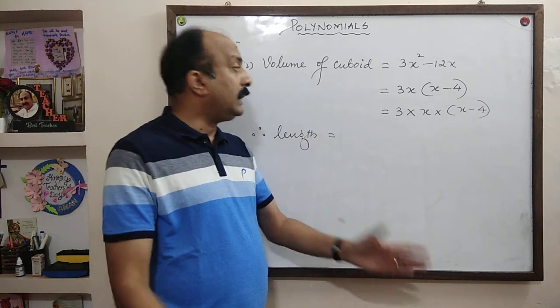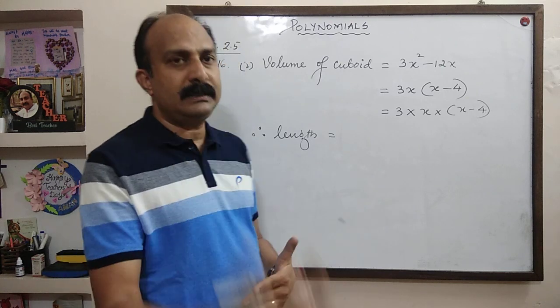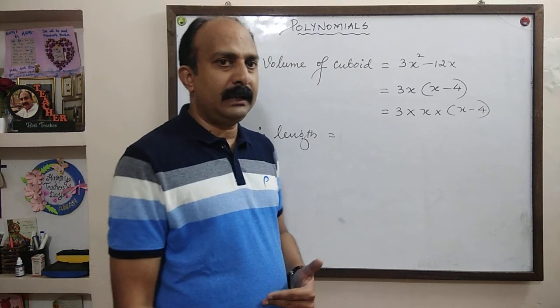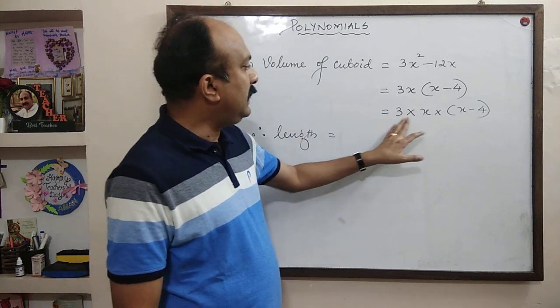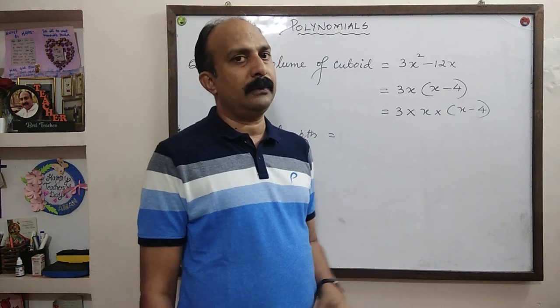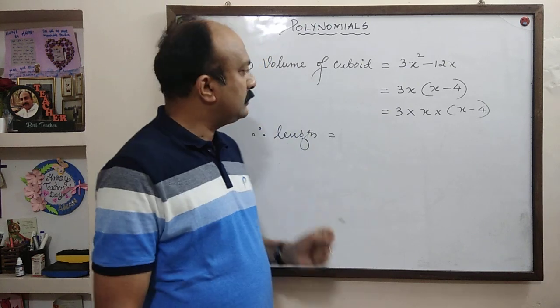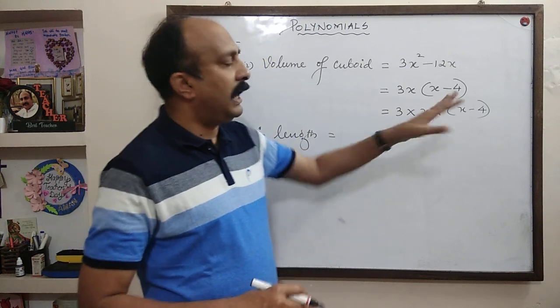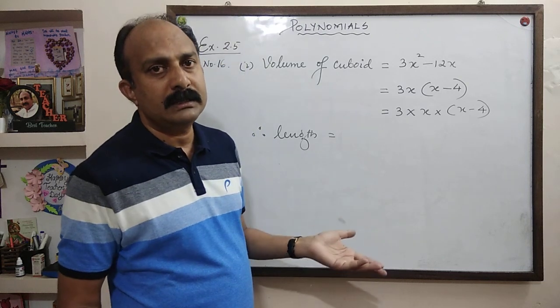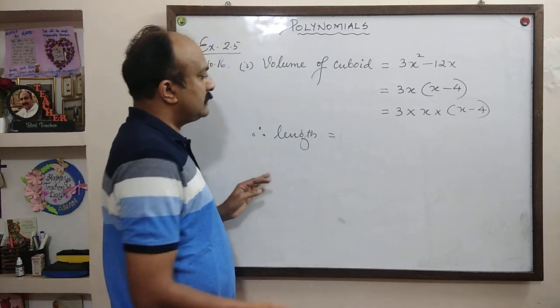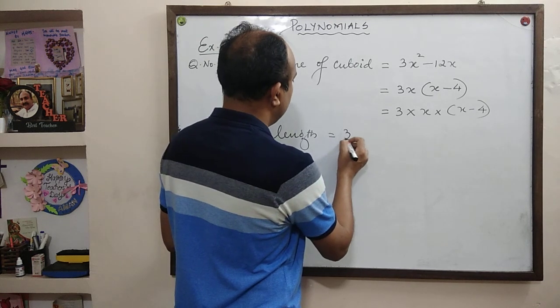Now, here we cannot say which one is bigger, which one is second bigger, and which one is shortest, because 3, x and x minus 4 cannot be compared. So you can take any one as length, second one as breadth, and third one as height.